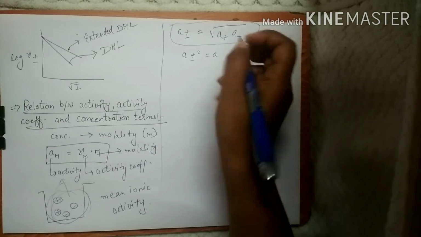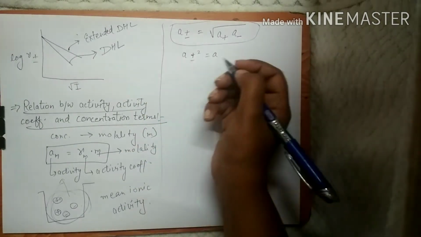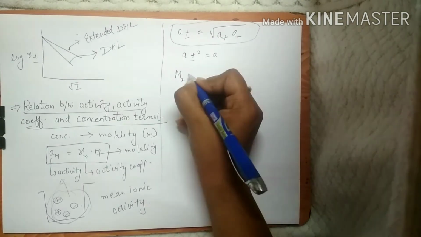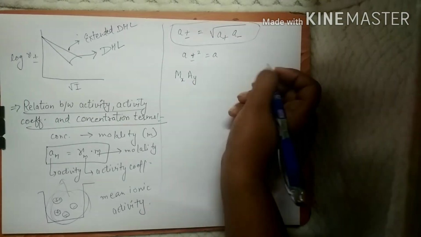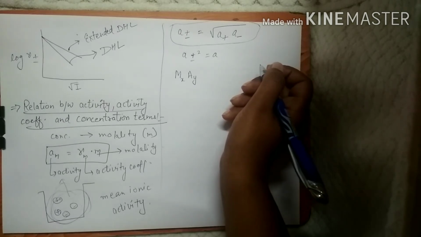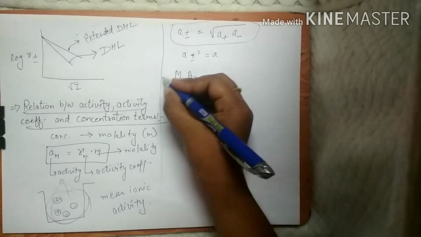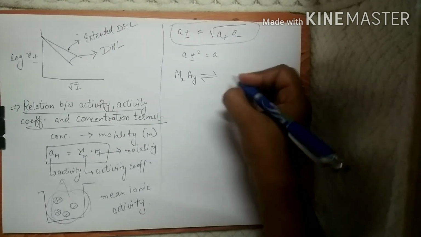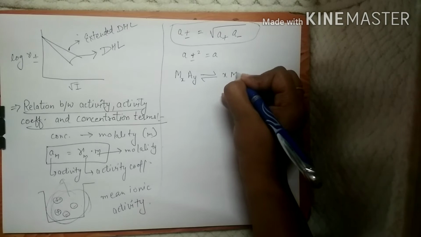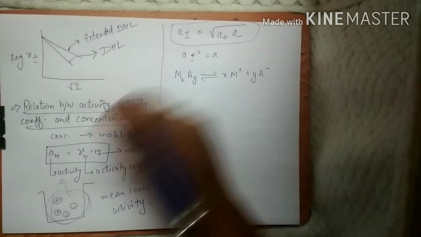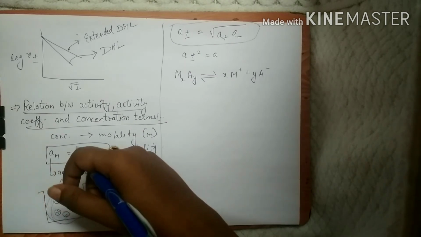So now I'm taking an electrolytic solution. For any electrolyte, suppose M x A y, this is my electrolyte. What happens when we take it in a solution? It dissociates. Suppose it dissociates like this: x M positive plus y A negative.